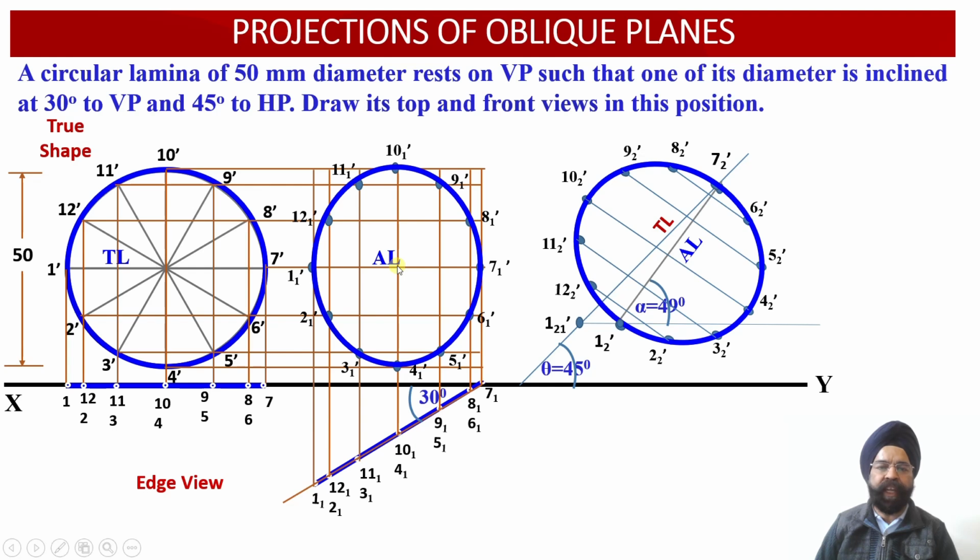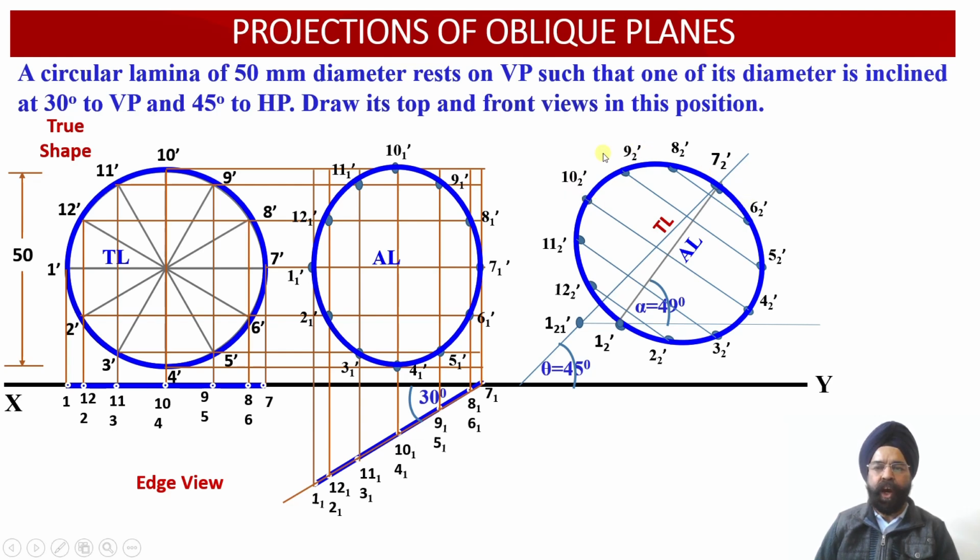So from point 3 in the perpendicular direction, measure this distance to define point 10, and measure this distance, it is equal, to define point number 4. So from point number 3, draw the same distance upward and the same distance downward. So we can define 4, 2 dash and 10, 2 dash.